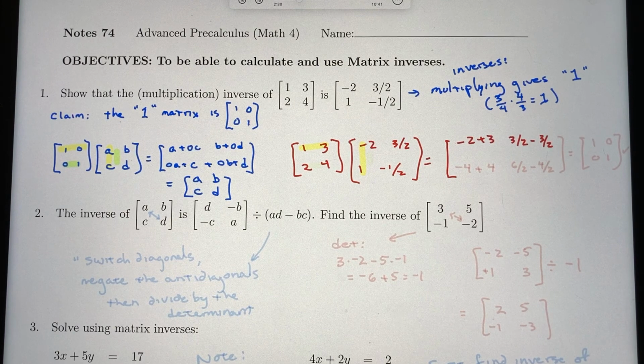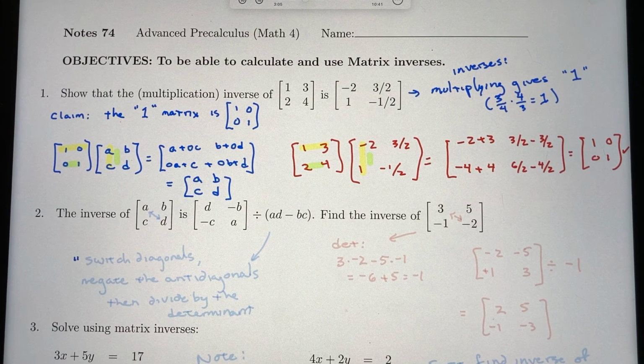And then the bottom row, you'll have 2 times -2 plus 4 times 1, and then 2 times 3/2 minus 4 times 1/2. Yay, life is good.